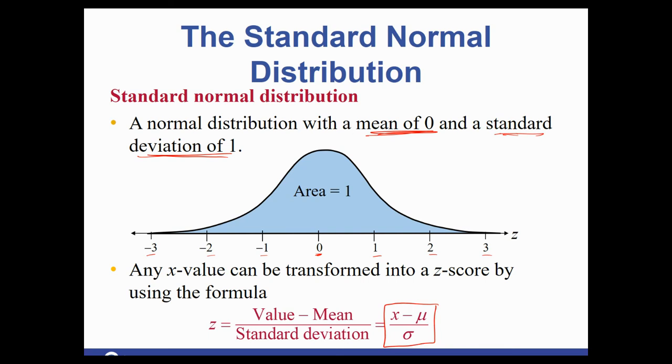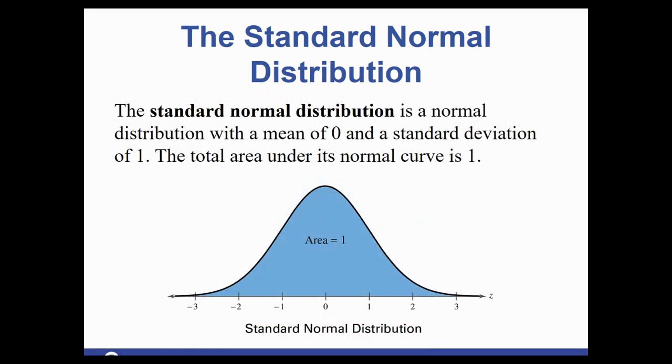You can plug in any x value with the mean and standard deviation from that data set and turn it into a z, which can then go on our z curve or our normal curve. And the same reminder: the total area underneath your curve is 1. That's the same thing as saying all of your probabilities add up to 1.